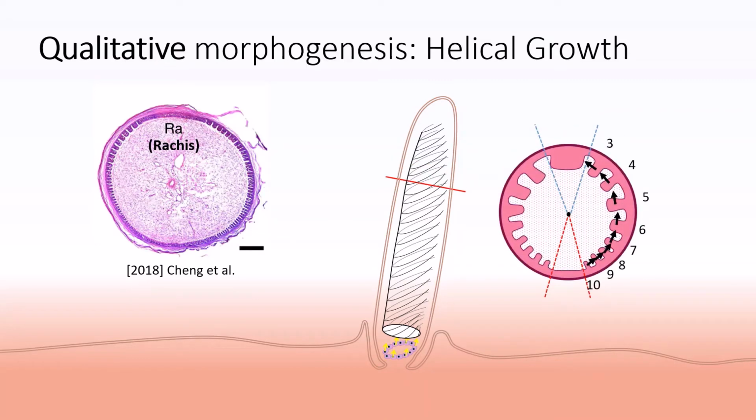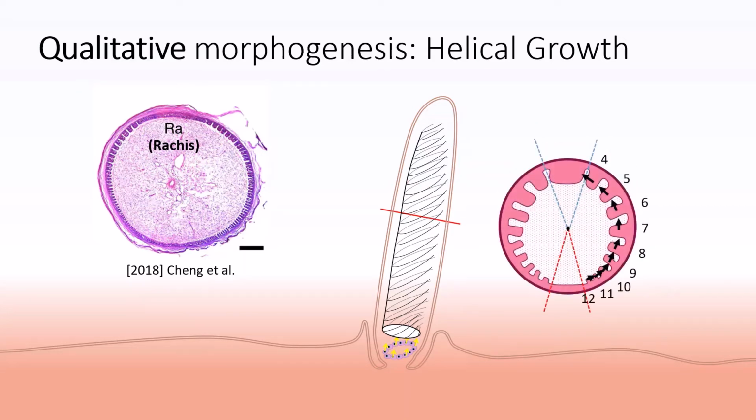Then, two emergence positions reach a red interval and stop becoming closer. After that, new barbs only emerge from the red interval, and the existing barbs continue growing towards the rachis. This process is the helical growth during feather morphogenesis.